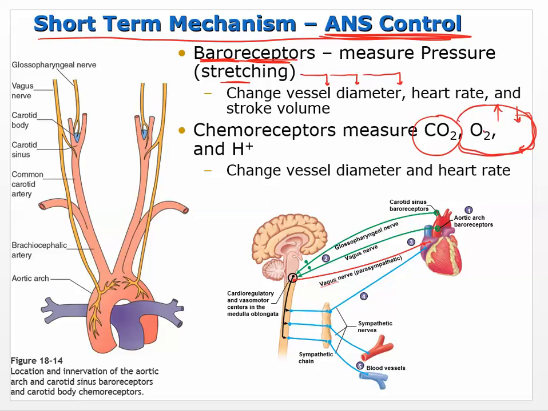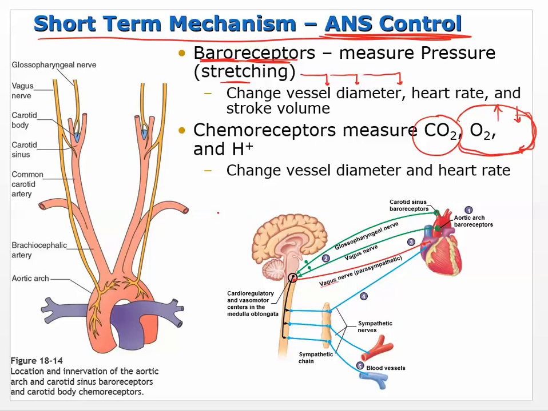If your oxygen levels are low, same thing. That means we need to increase blood flow. I hope that makes sense, because it's a huge compensatory issue. Someone with COPD or a lung disease who can't get enough oxygen, their only compensation is to take the blood that you have and cycle it through the lungs as much as possible.